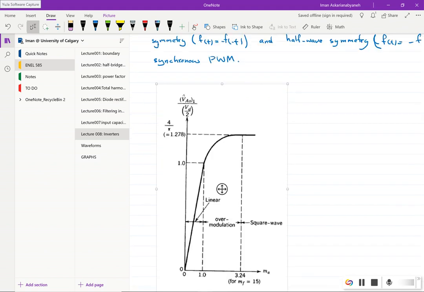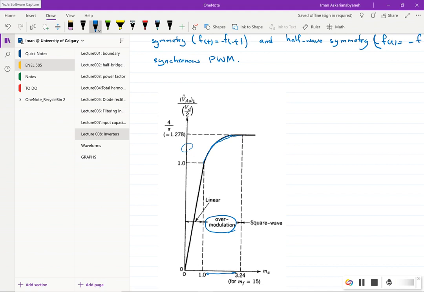As you can see, if my MA goes above 1, I go into overmodulation. And in overmodulation, my MA does not have a linear relationship with the output voltage anymore. Although I can achieve a higher voltage, it won't have a linear relationship.